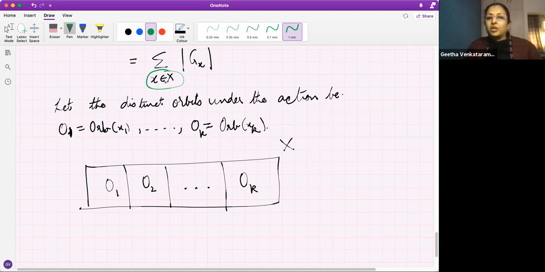So this summation can now be broken up into further bits. So I count over this, then I count over this, and then I count over this.